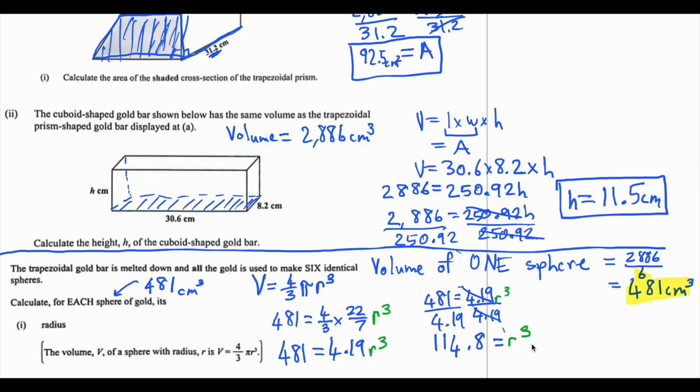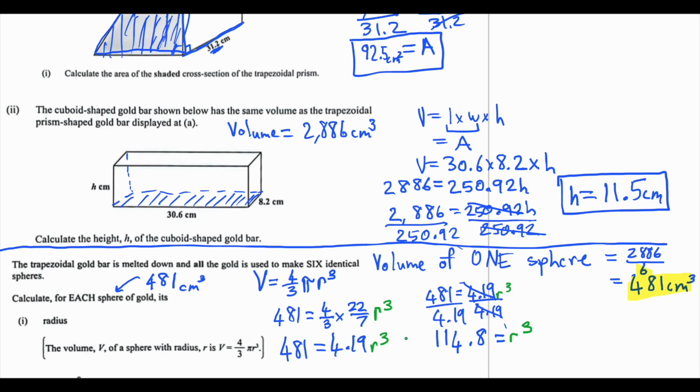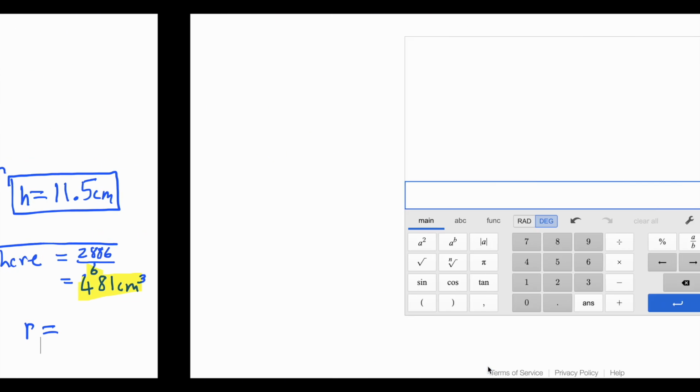So the opposite of cubing is to cube root. Okay, so we cube root. So cube rooting would mean instead of squaring, which we use a 2, we'd have a little 3 here to cube root. So in essence, r would be equal to the cube root of 114.8. So cube root just means what multiplied by itself 3 times is going to give me 114.8.